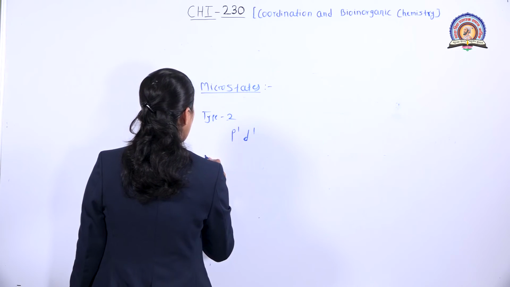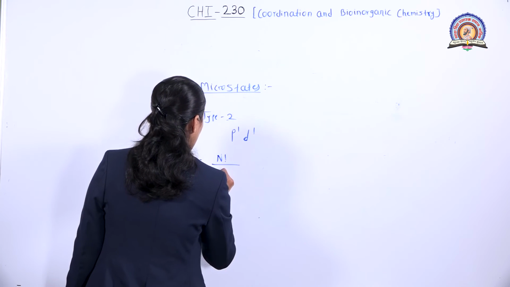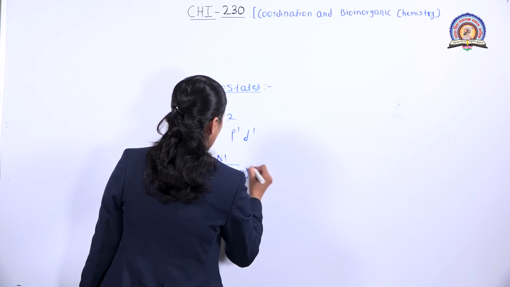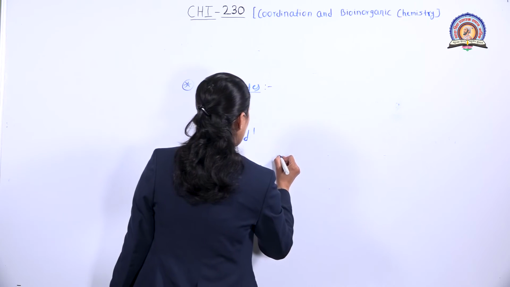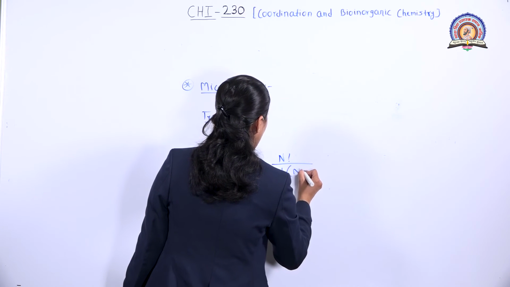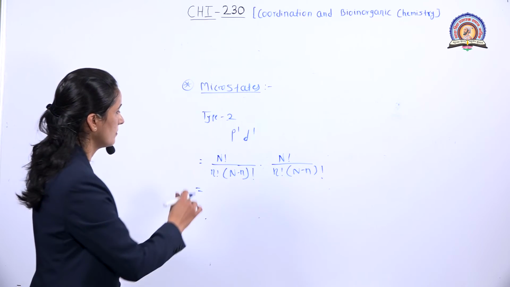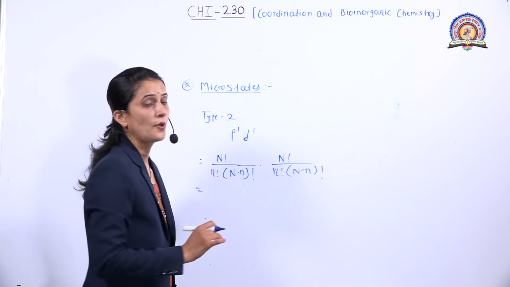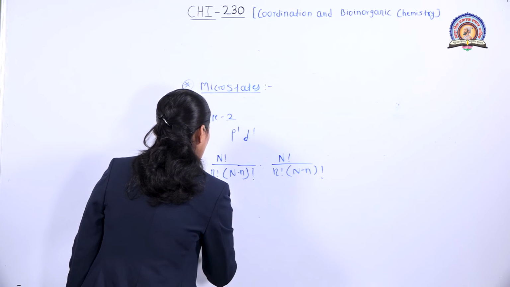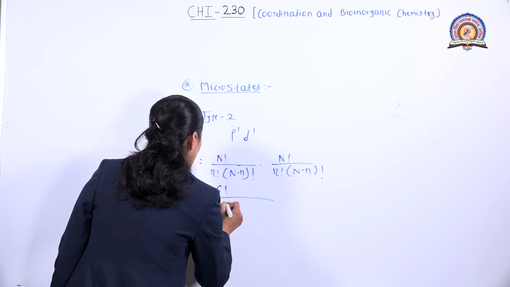Let's see the calculation. For P1, as usual, N factorial upon n factorial into (N minus n) factorial, and the same for D. Here N is the total electron capacity of the p orbital, so 6 factorial upon 1 factorial, since we have only 1 electron, and 5 factorial.